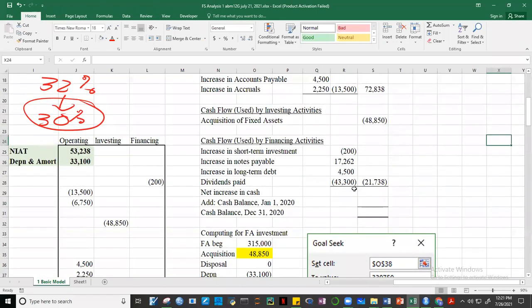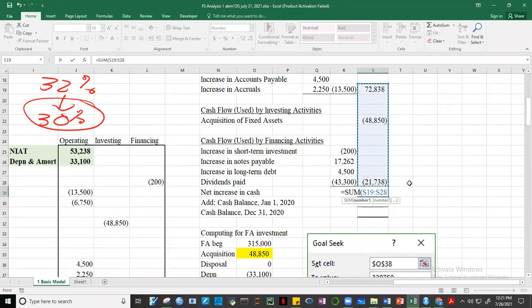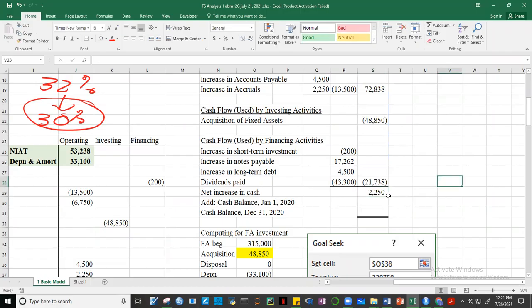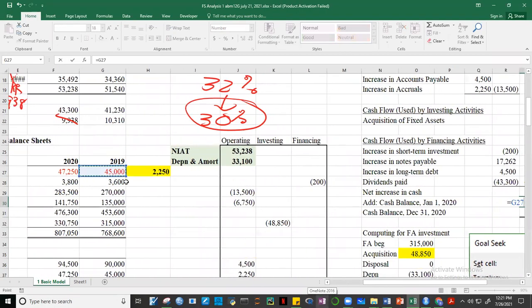Okay, then therefore our net increase in cash is, we sum this up. Yan, ito na yung 2250 natin. Okay, and then how much is cash balance at the beginning of the year? 4,500 ito.